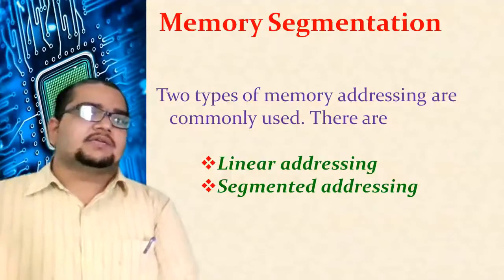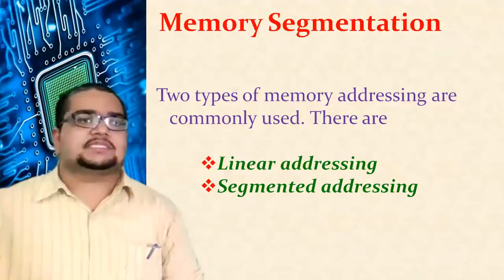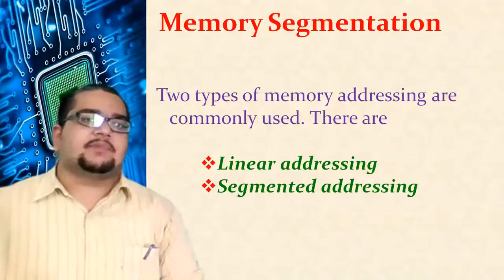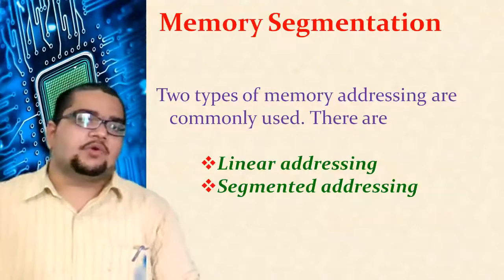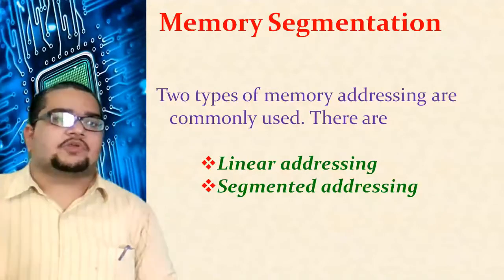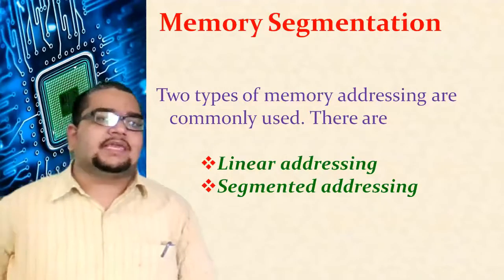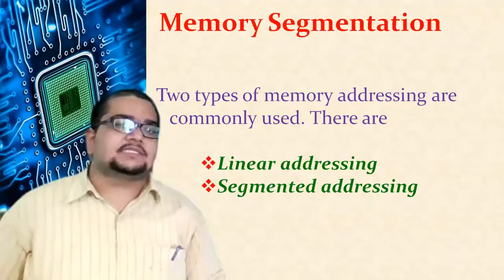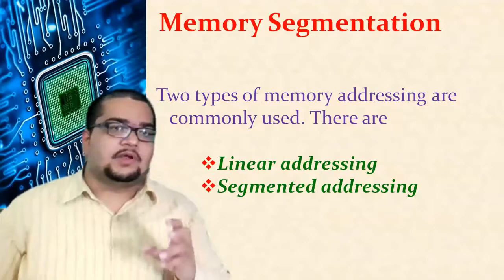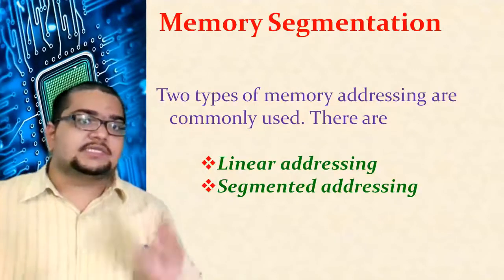In linear addressing, we have a register of a capacity equal to the total memory addressing capability of the processor. Say, for example, 8085 is a microprocessor whose addressing capability is 64 kilobytes, and it has registers which can address that complete 64 kilobytes of memory locations in a single go.